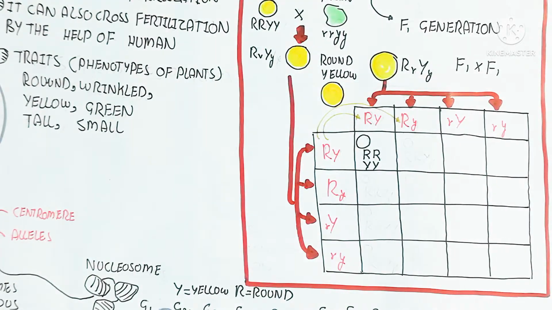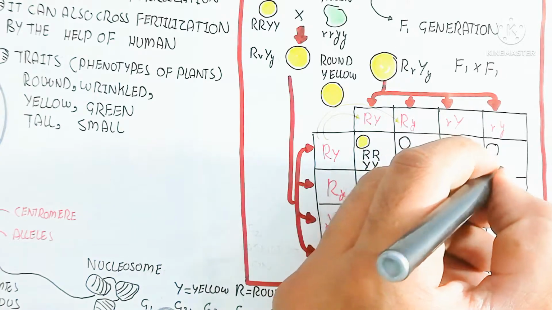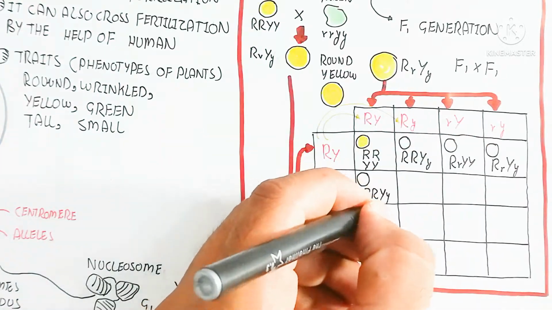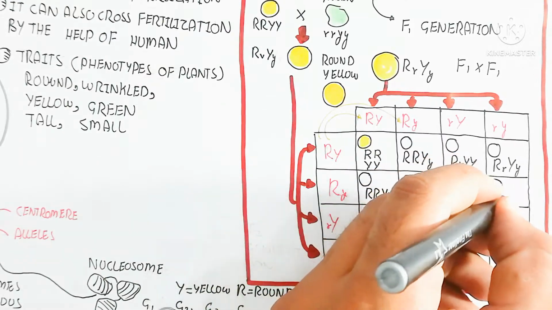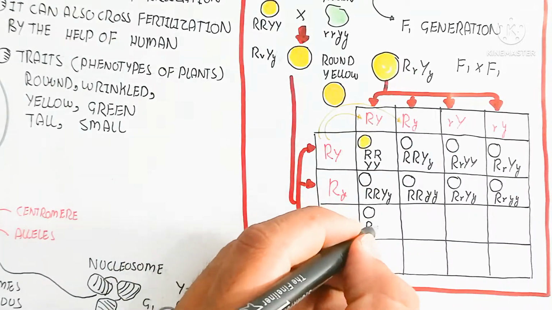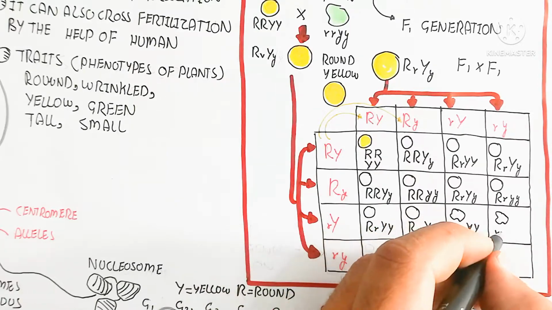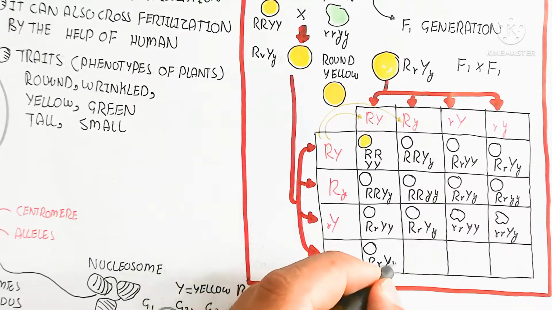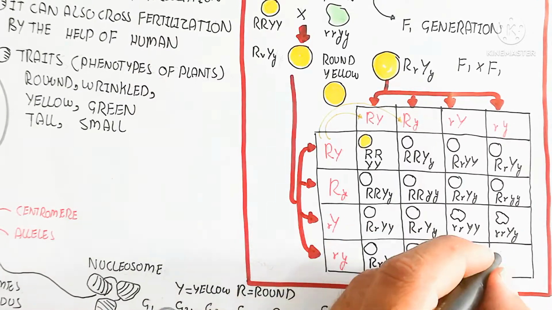So in this way, the first cross will show capital R and capital Y, the homozygous condition, to show the yellow color of the seed and round because of capital R. And here is capital R, both homozygous and heterozygous conditions, which contain capital Y, so it means yellow. And you can understand the whole process after this cross.